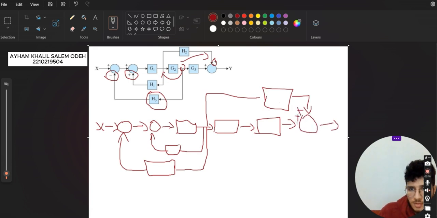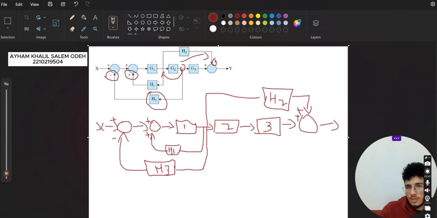This is positive, positive, positive, positive, positive, and negative. We've got 1, that's G1. This is 2, G2, and 3, G3. And this is H1, H3, and H2.